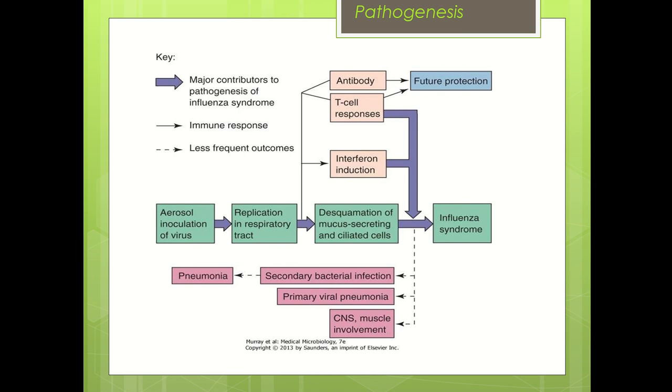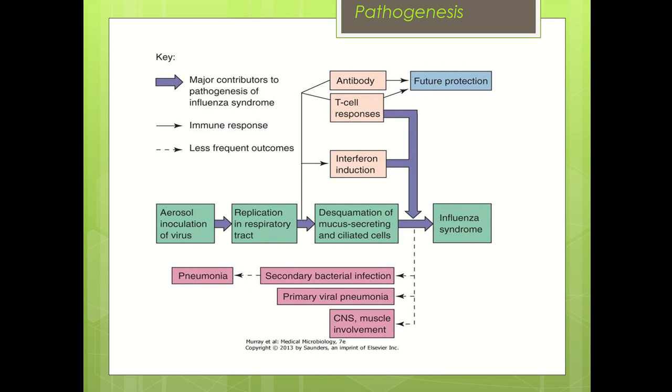So, the major contributions to the pathogenesis of the influenza syndrome: the immune response is marked with a purple arrow, a solid line arrow for the immune response, and a dotted line arrow that shows less frequent outcomes.